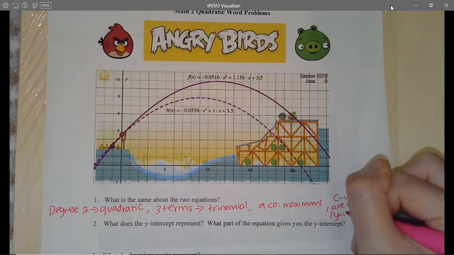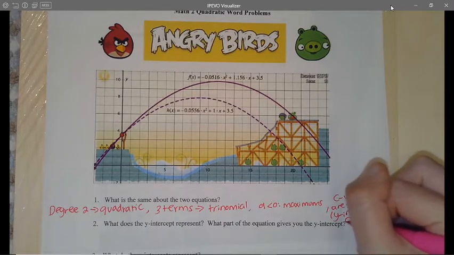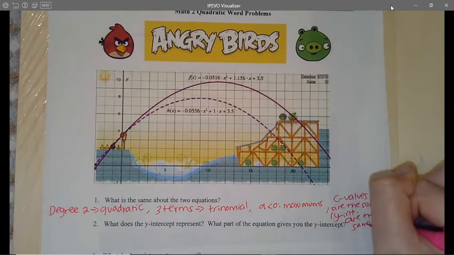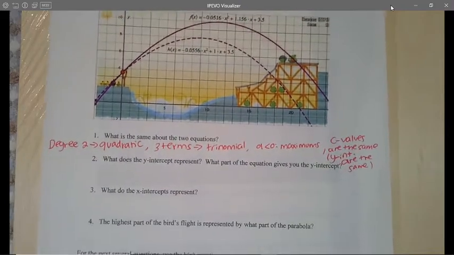So that means the y-intercepts are the same. Okay, and I think for the most part, that's about all I noticed. If you notice anything else, though, please feel free to share. I'd love to hear. So again, we're just looking at the two equations, trying to get familiarized with the two equations before we start answering some questions.